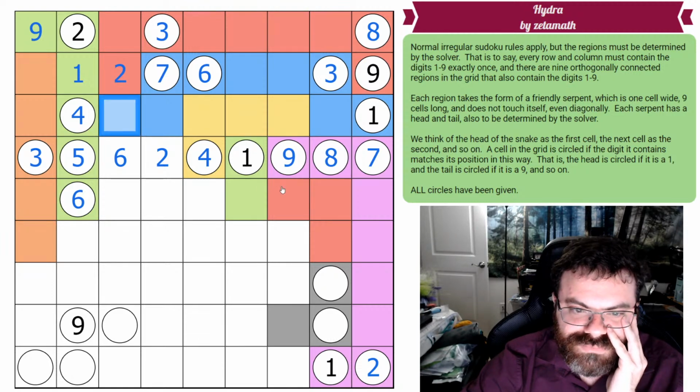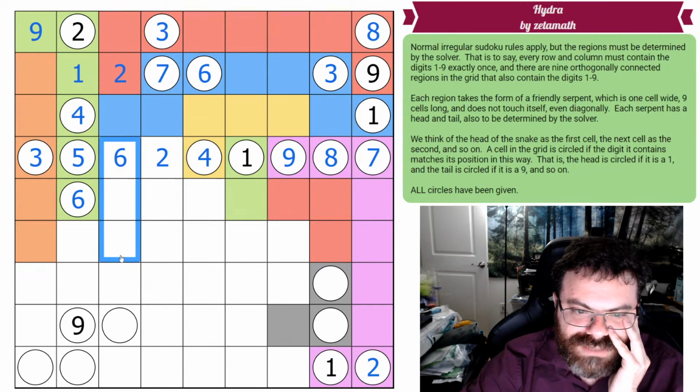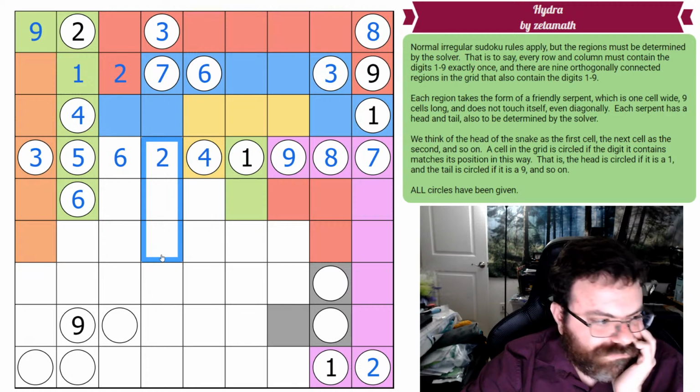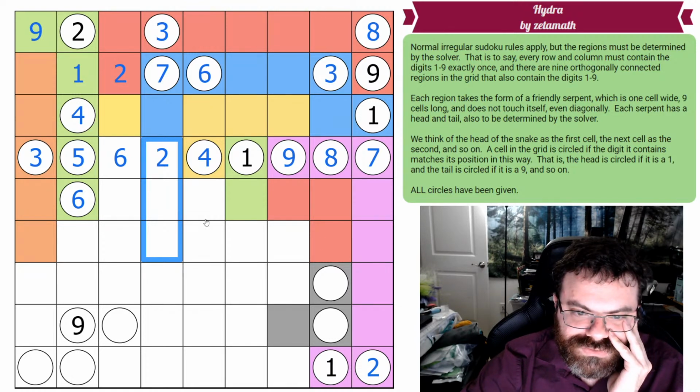Right, so now if this were blue, we'd be making this corner here. Although, can it be the ends of 2 snakes? I'm not sure about that yet.